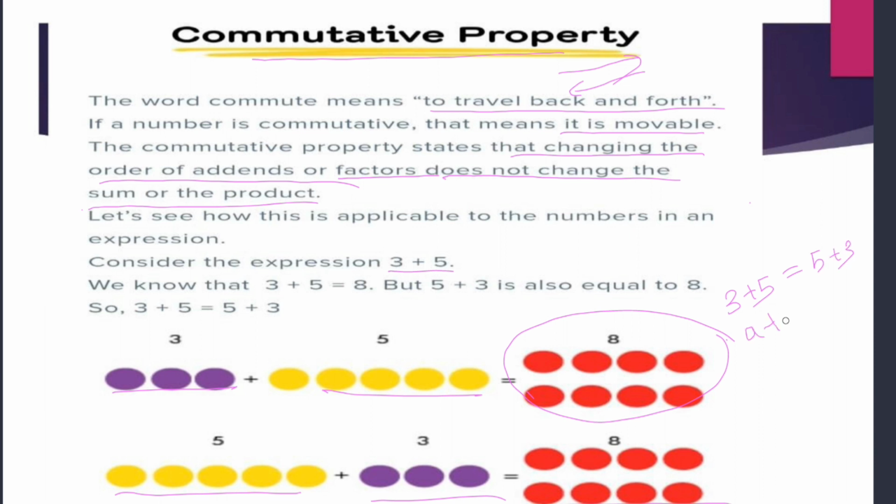We can write A plus B is equal to B plus A. This means changing the order of addends, which means numbers, does not make any difference, right? Both 5 plus 3 and 3 plus 5 are equal to 8 only. So changing the order of addends or factors does not change the sum or the product. So this is the commutative property.